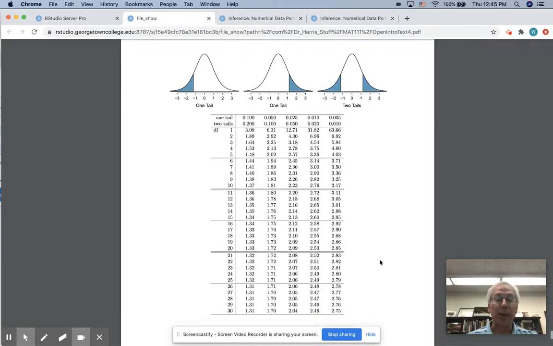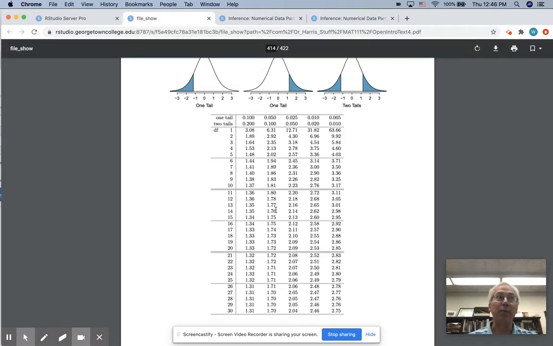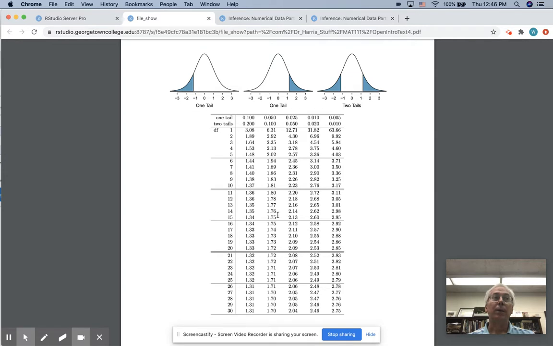If I scroll down, I'm looking for 28 degrees of freedom. So that's this row right here. My row heading is the degrees of freedom. If I want a 95% confidence interval, my two-tail area is going to be 5%. We compute our tail area by subtracting our confidence level from 100% and converting it to a decimal.